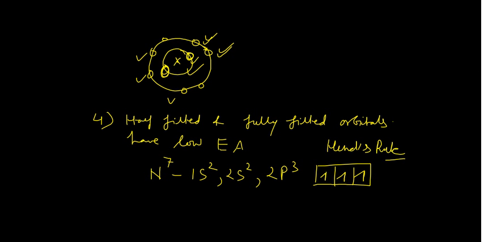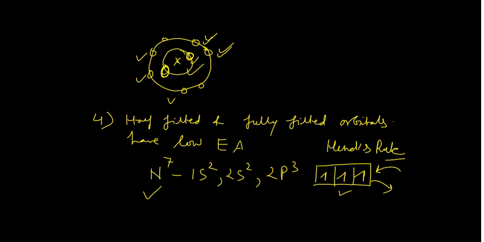So if you want to add an electron to it, it will not accept that electron. If you want to remove an electron from here, it will not remove the electron easily. So for them, ionization potential would be very, very high and electron affinity would be very, very low, because when it is not accepting the electron, that means it will not release any kind of energy.